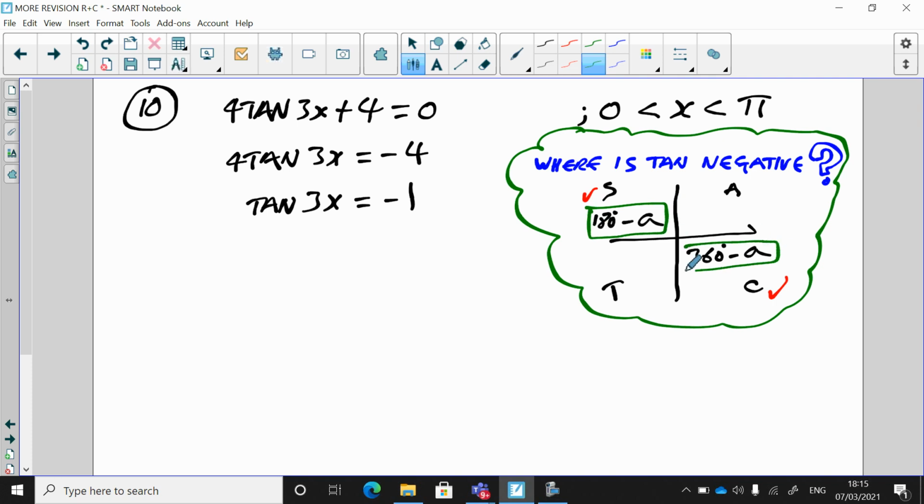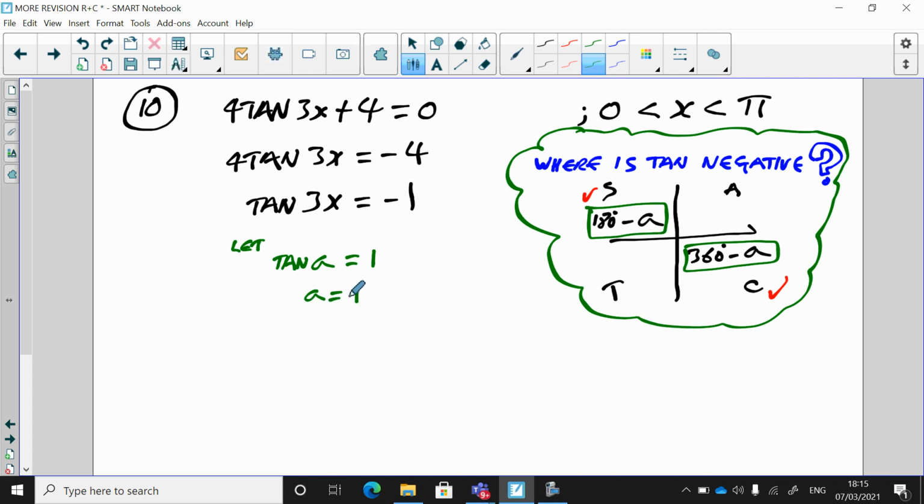So in order to get the calculator answer, I've got tan 3x equals -1. We're not allowed to use negative here. Be aware of that. So get rid of 3x and bring on tan. Tan is a stunt double for whatever you're working with.